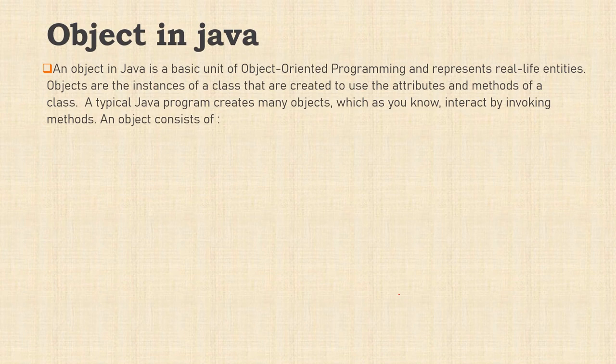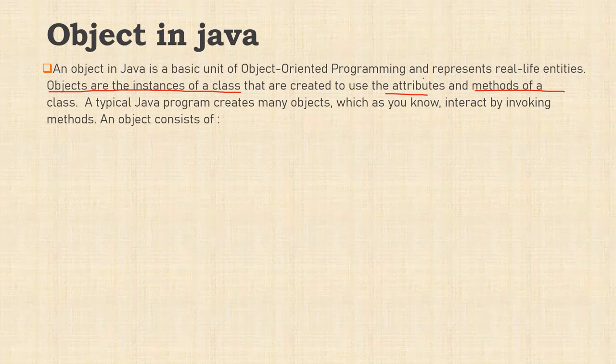Let's get started. An object in Java is a basic unit of object-oriented programming and represents real life entities. Objects are instances of a class, created to use the attributes and methods of the class. So we create objects to use the attributes and methods of a class.